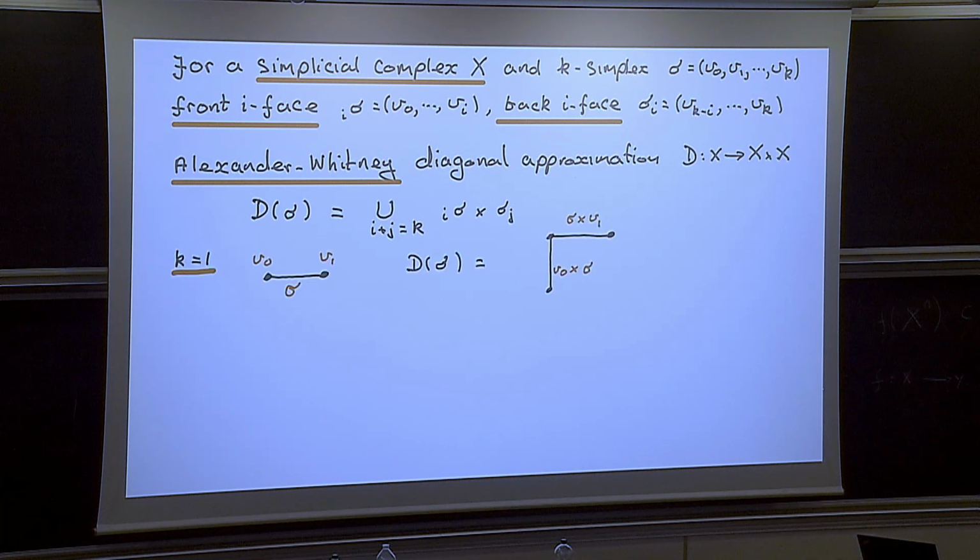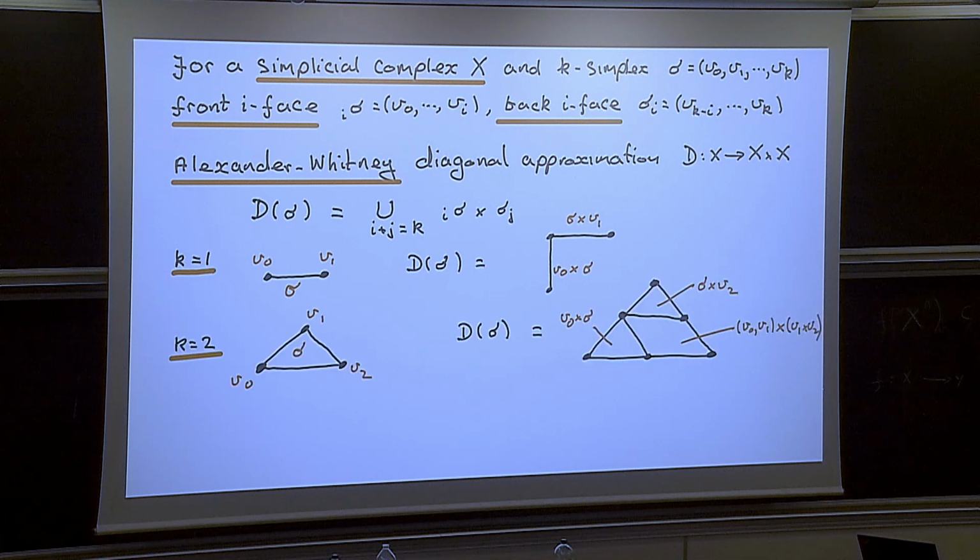If you take k equal to 1, what I have here is a 1-simplex, a two-tuple of distinct vertices v0, v1. The Alexander-Whitney cellular approximation is the union of this vertex direct product the 1-simplex, union the 1-simplex direct product v1. Remember, we're working in the direct product, so here we've got pairs.